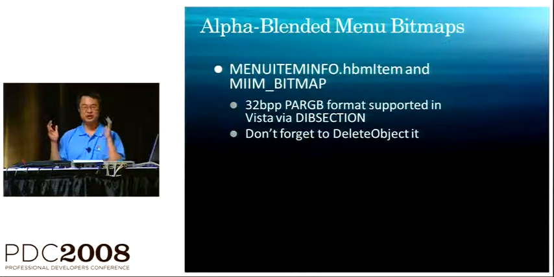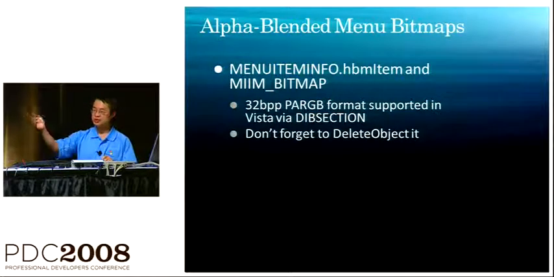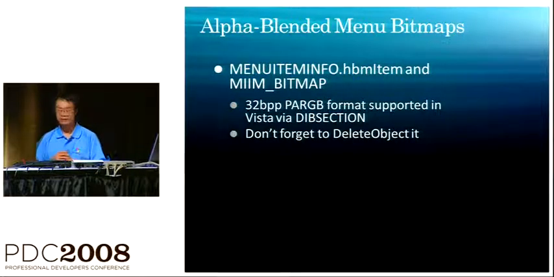But it turns out this feature is already there. And in Windows Vista, it became even nicer because now the bitmap that you provide can be alpha blended. So you do this by setting the bitmap as the hbmpItem when you insert the item into your menu. You set the MIM_BITMAP flag so it knows that there's a bitmap there.